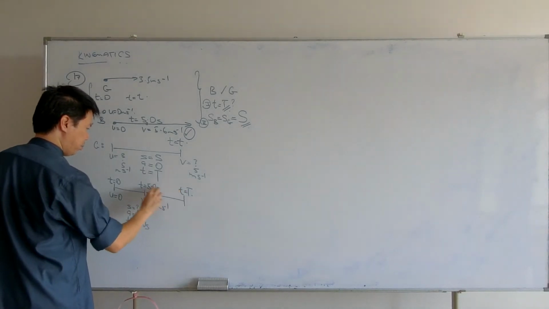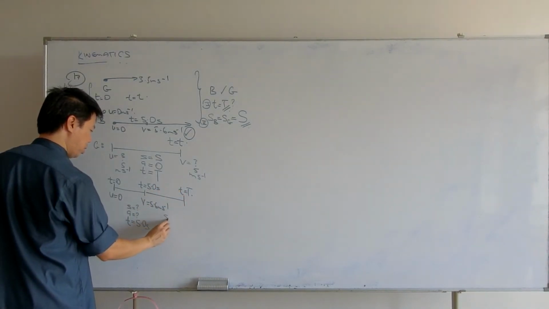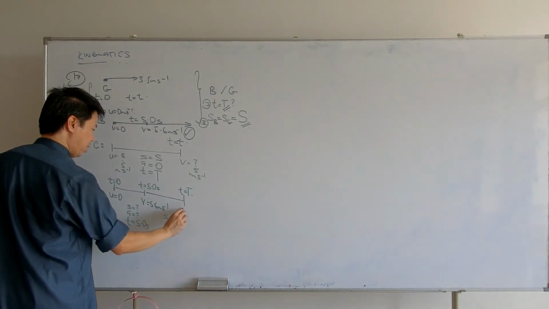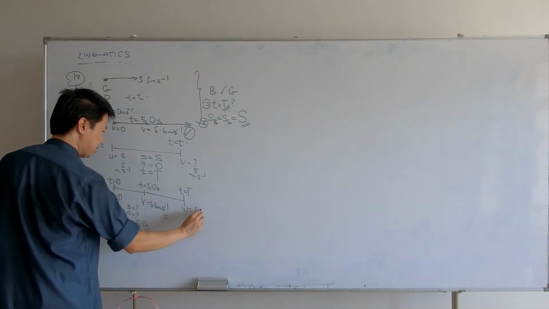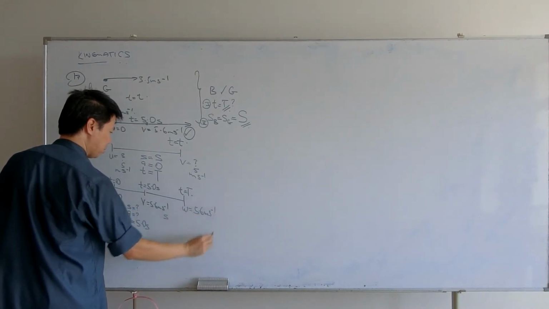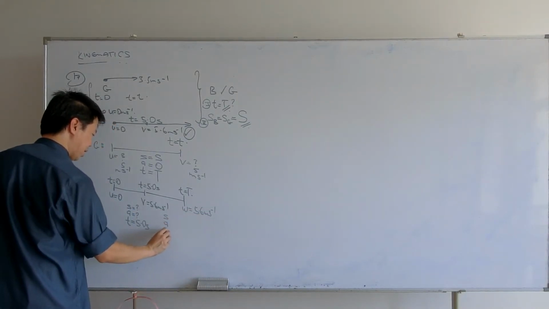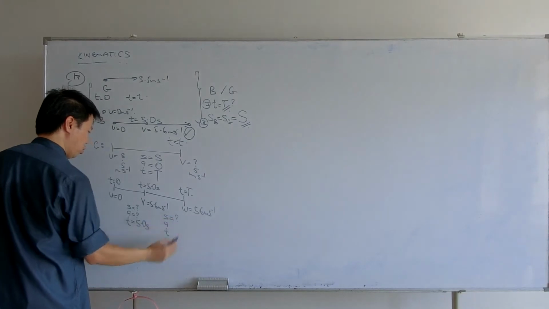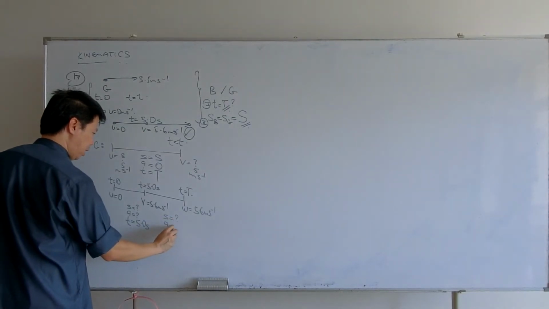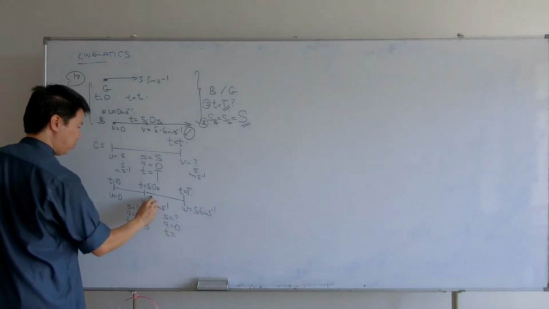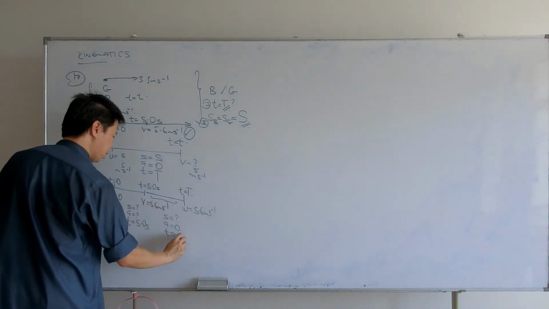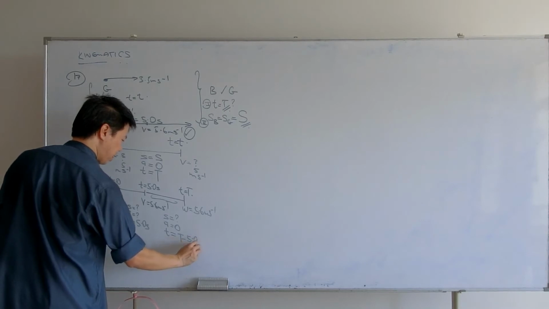Then over here, if you do your SUVAT list, when they meet, let's call this W, he maintains the constant speed, so it's still 5.6 meters per second. s, we don't know. a equal to 0 because it's constant. t, careful, only for this part, it will be T minus 5 seconds.